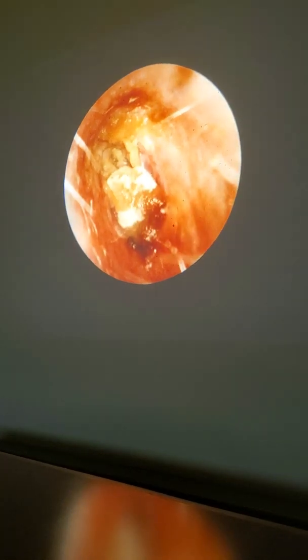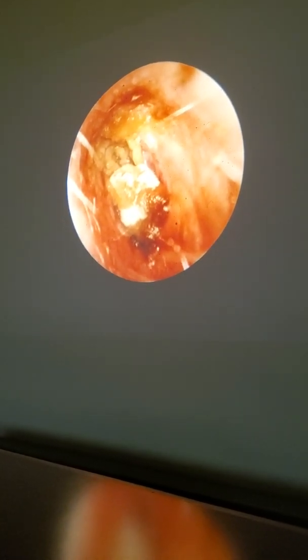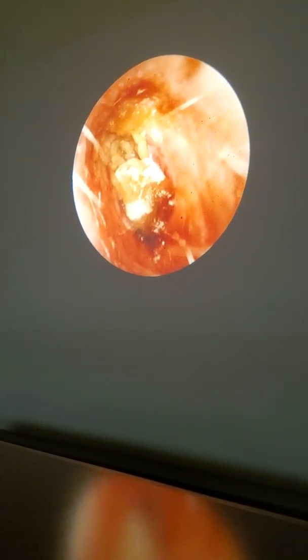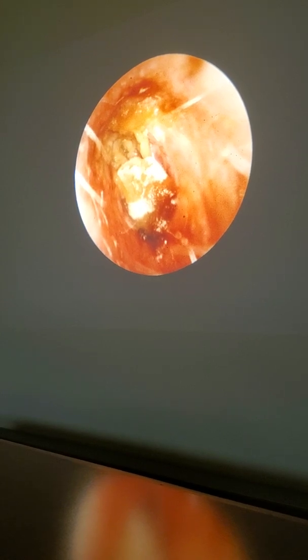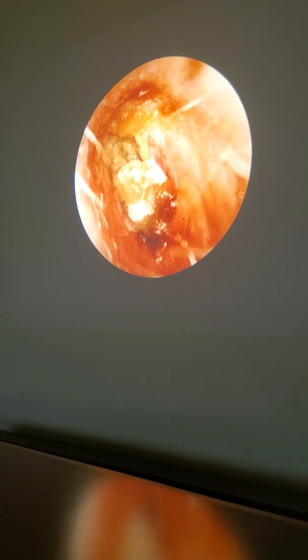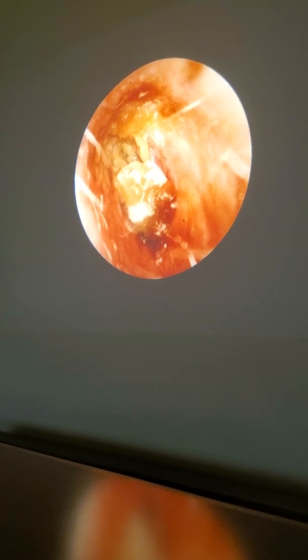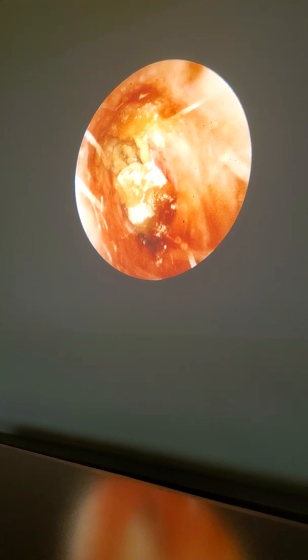And what they complain of are two things. They complain, I can't hear, and my ear has become so itchy, and it's been going on for a long time. And it doesn't have to be bilateral. It can be just in one ear. This comes about because of the integrity of the skin of the ear.